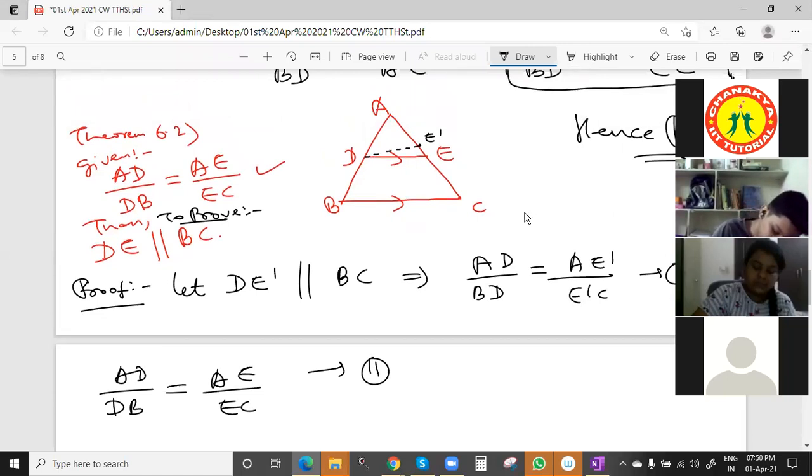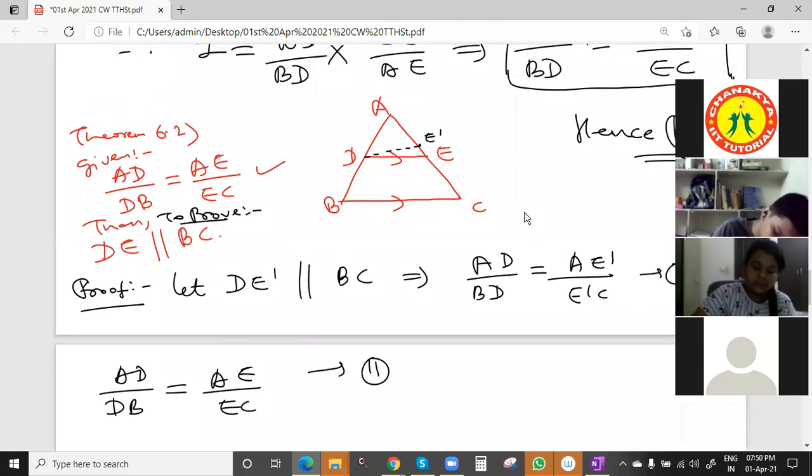As from theorem 6.1, AD by BD will be equal to AE dash by E dash C, but given AD by BD is equal to AE by EC.